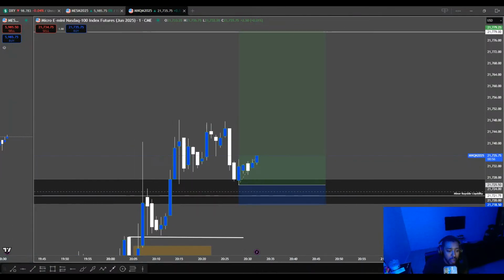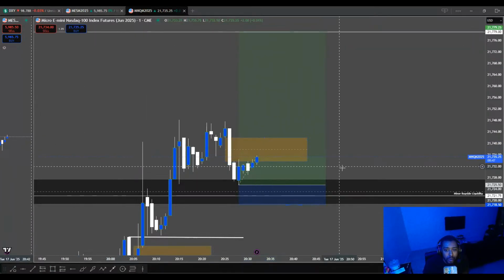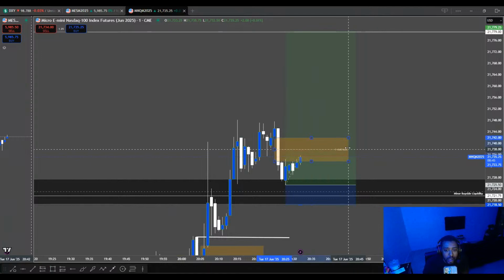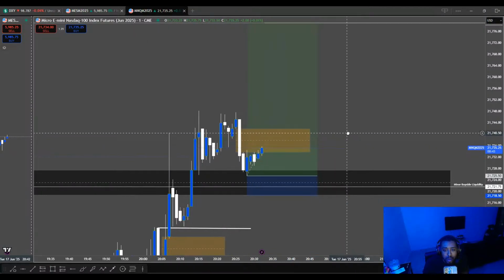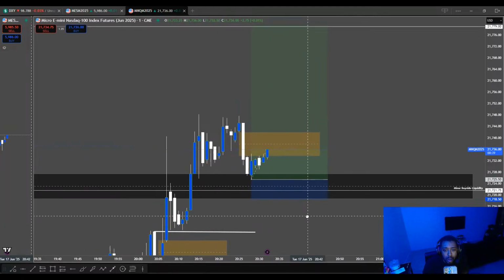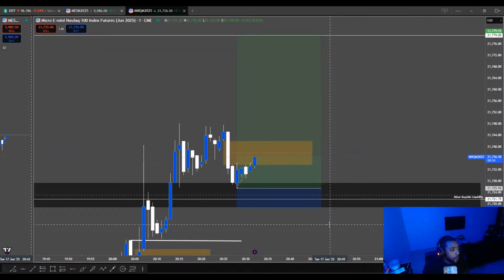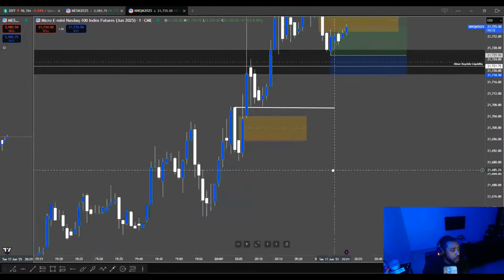So I want to see this be used as an inverse. Let's see if this can be used as an inverse. We already hit TP1.